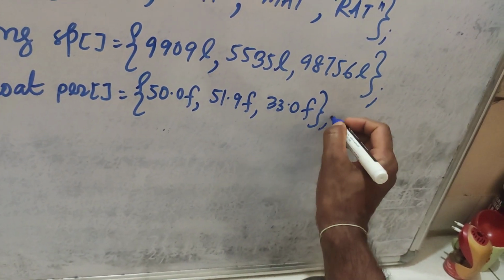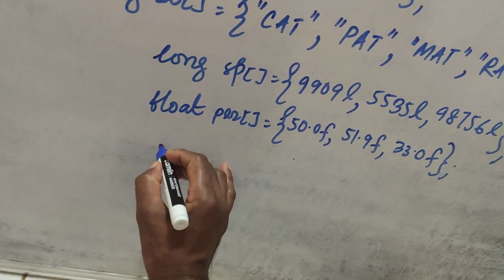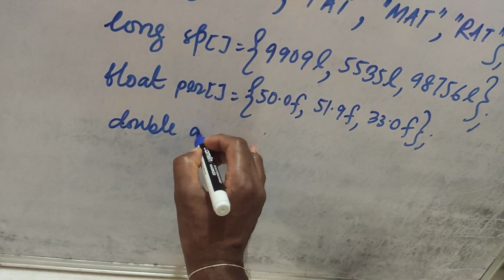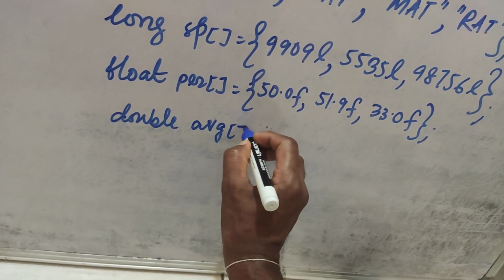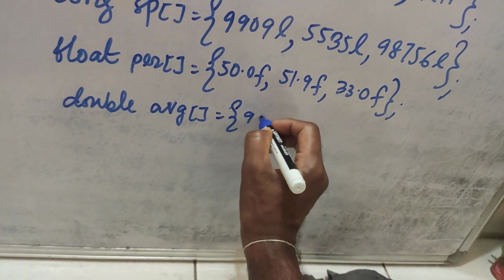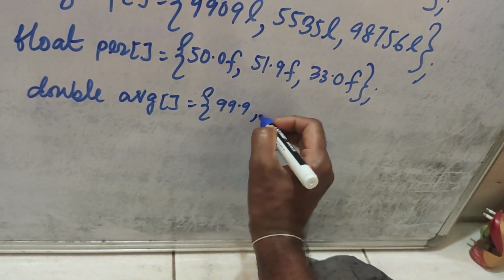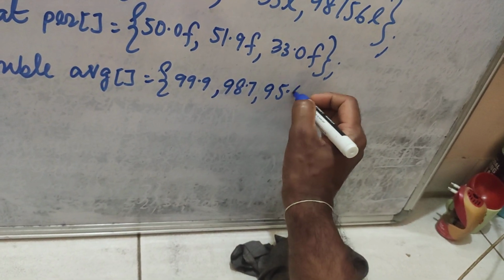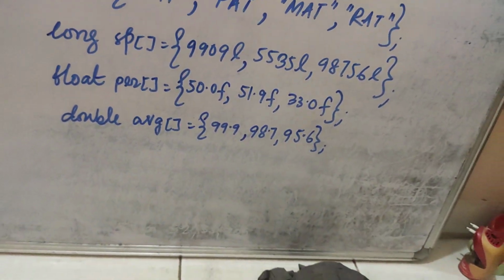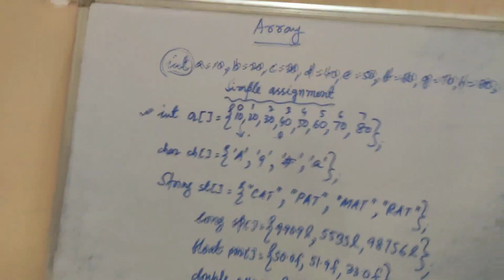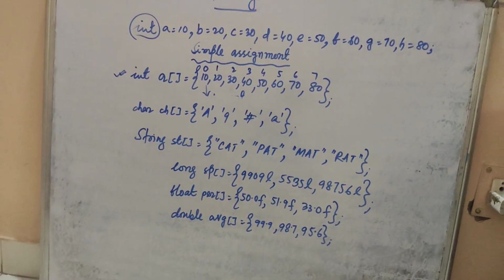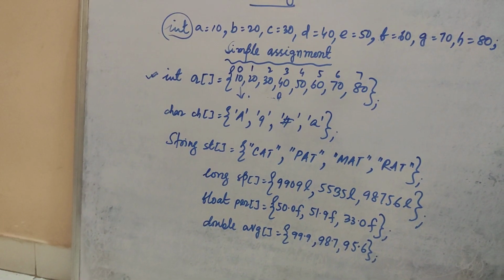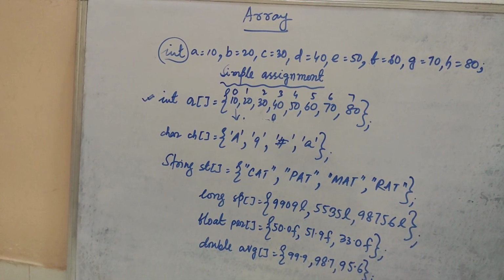That means at the last you have to give F. If it is double, say double AVG, suppose 99.9, 98.7, 95.6, you declare it like that. Clear? So this is how simple assignment statements declare an array variable.